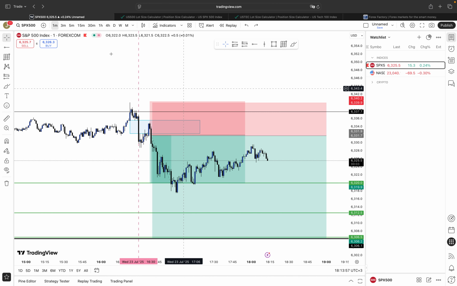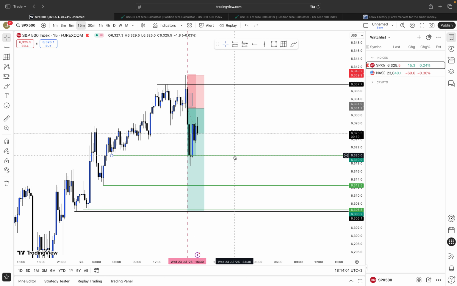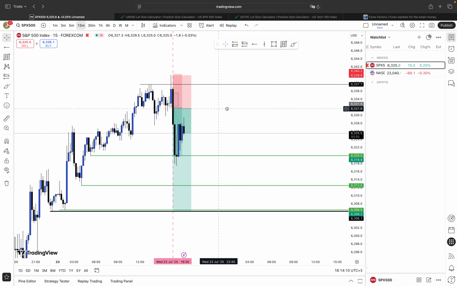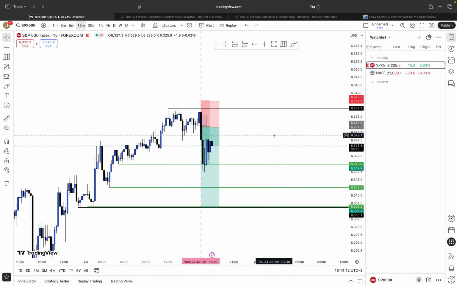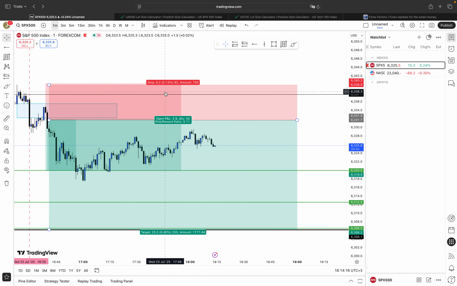So it was a pre-market sweep, and I was like, you know what, let's just see how market behaves, because pre-market sweeps can sometimes be very, very good, and can sometimes really mess you up. So what I am looking forward to is the price action after this pre-market sweep.